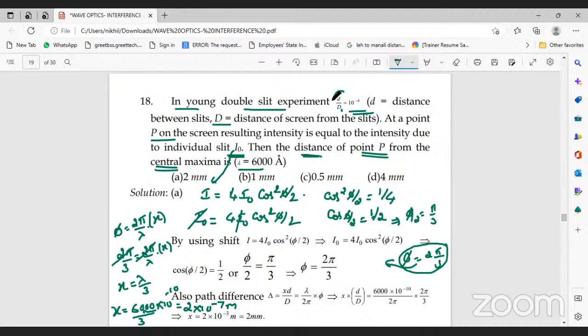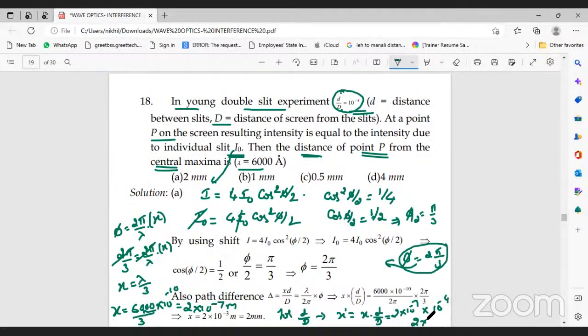But they are asking for small d by capital D. So path difference for small d by capital D, what will be the total path? X times that small d by capital D. That is 2 into 10 power minus 7 into 10 power minus 4.